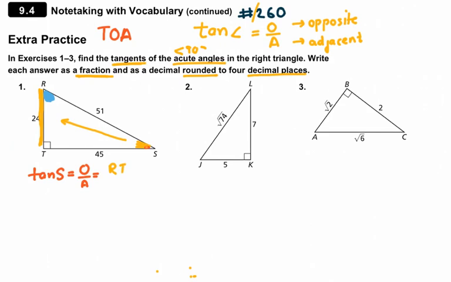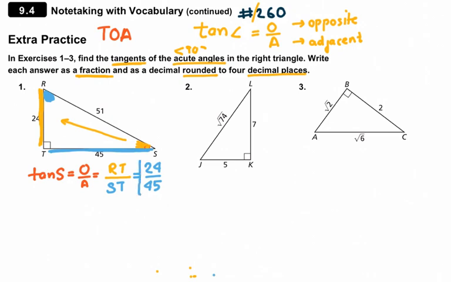And for this angle, the adjacent leg is the leg just next to it, and that's ST. RT over ST is going to be 24 over 45, and they want us to write the answer as a fraction.